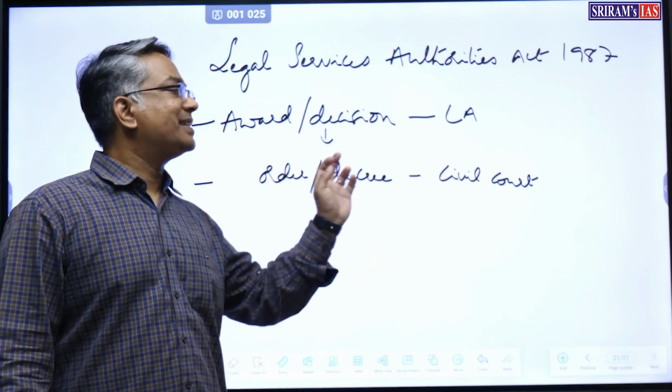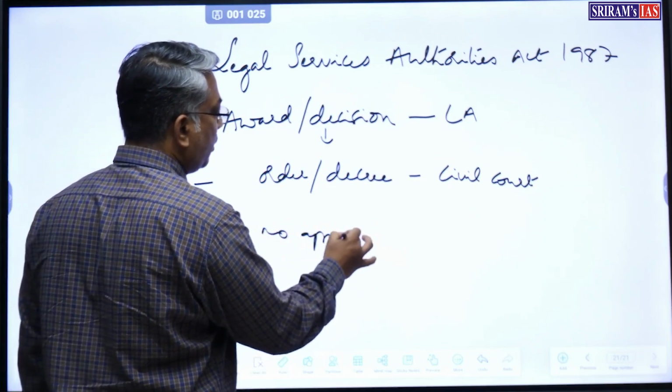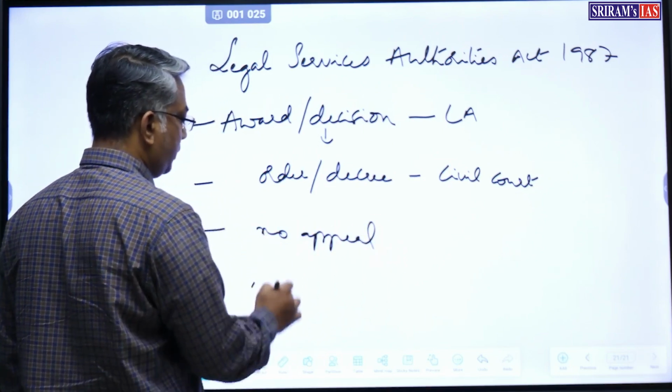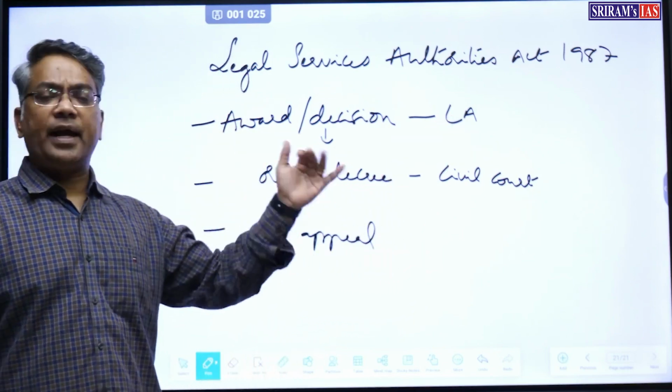No appeal against the order of the Lok Adalat lies before any court.